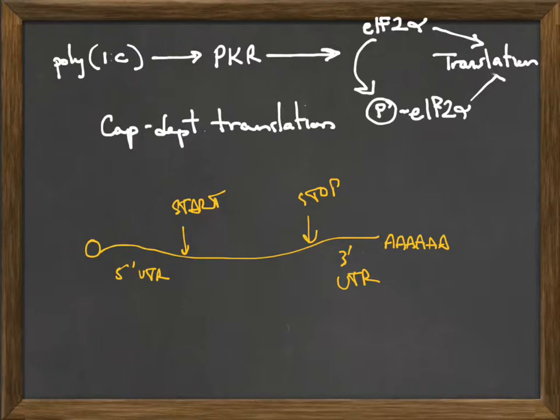Poliovirus has an internal ribosome entry site, or IRES, that allows it to bypass cap-dependent translation. When that RNA genome is replicated, it produces double-stranded RNA, which is going to shut down cap-dependent translation. The IRES ensures that the virus can still translate its proteins. Yeah, great question.